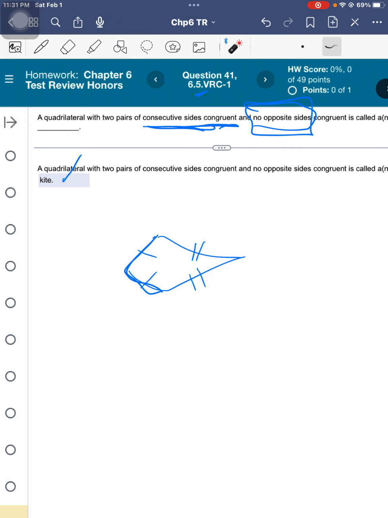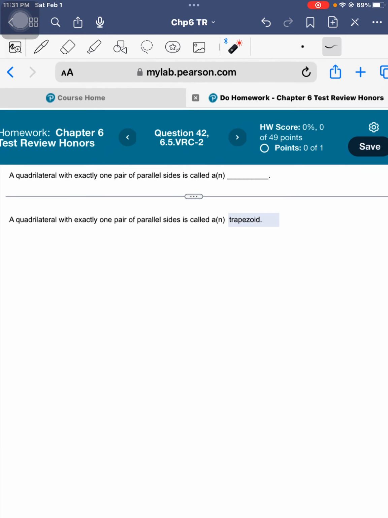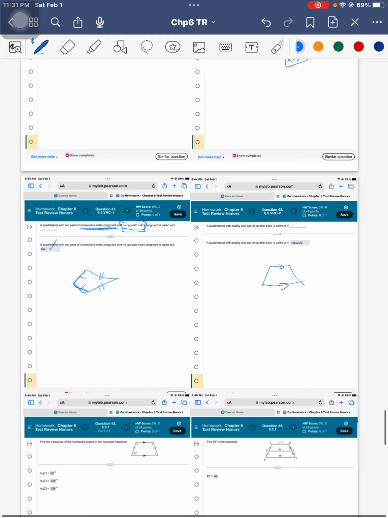Consecutive sides are congruent, not the opposite ones. A quadrilateral with exactly one pair of parallel sides, that's a trapezoid. Remember, guys, a trapezoid looks like this. Only one pair of sides is parallel.